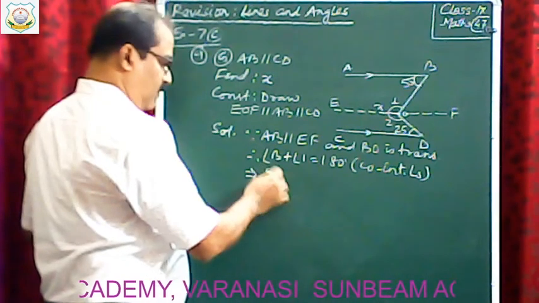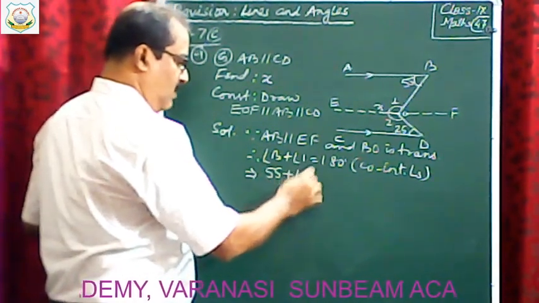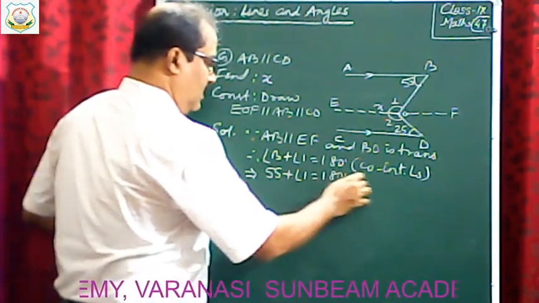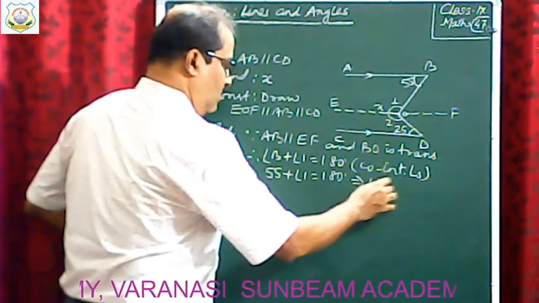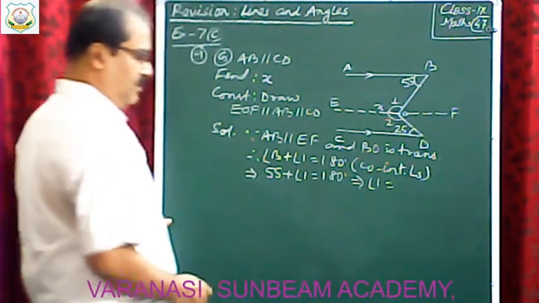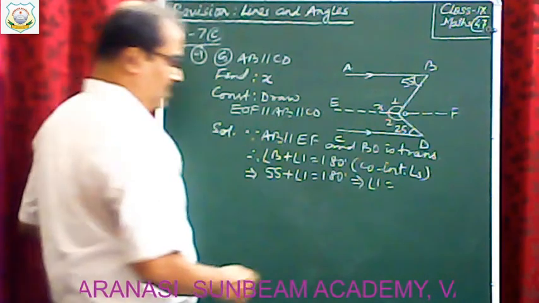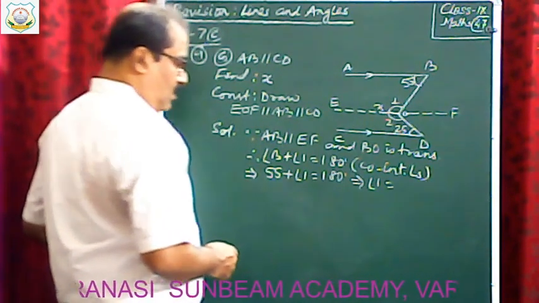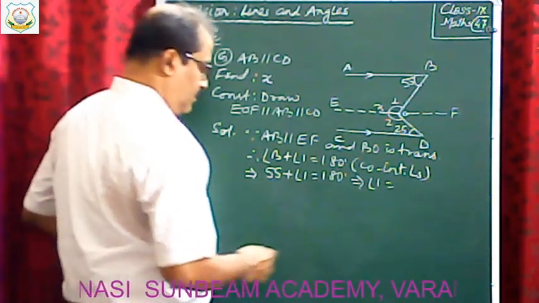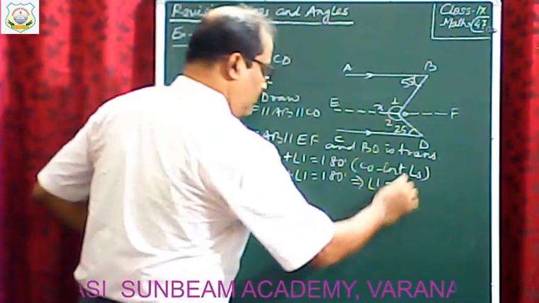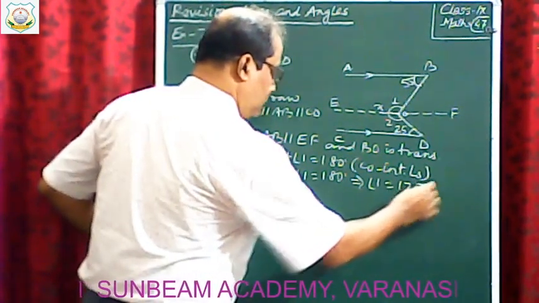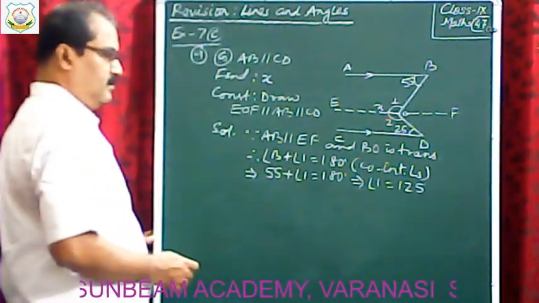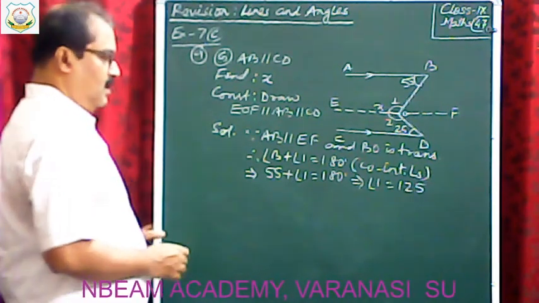Implies that 55 plus angle 1 equal to 180 degree. So angle 1 equal to 180 minus 55. How much? 125.